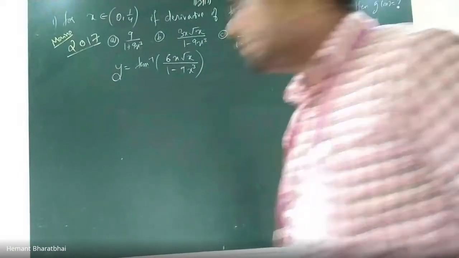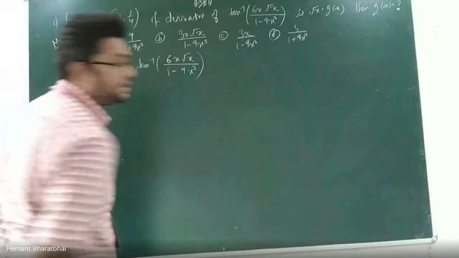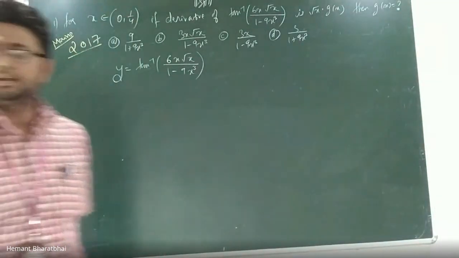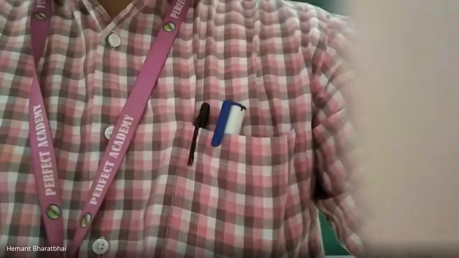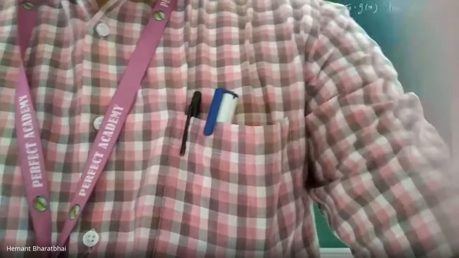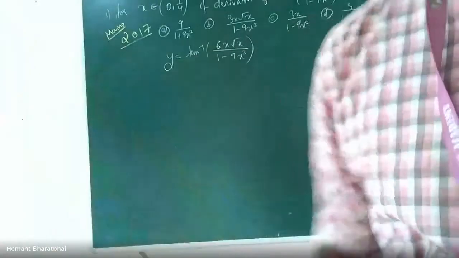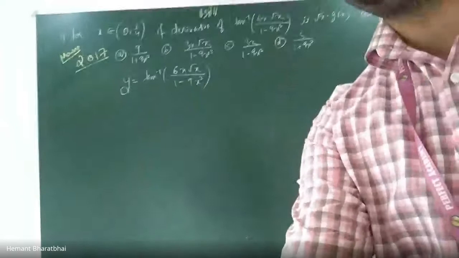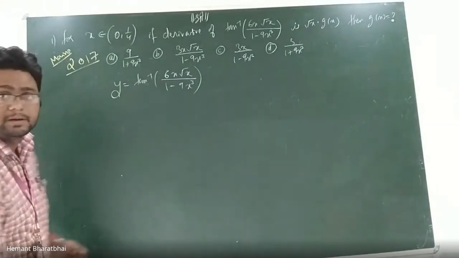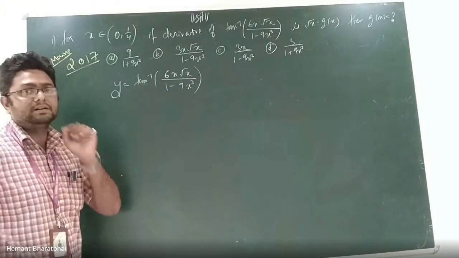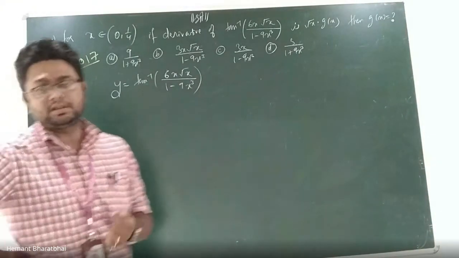Okay. So here if you see the terms, we have 6x root x upon 1 minus 9x cube. We don't have any kind of substitution over here to make things easy. Then we will have to think of something else, because if I directly apply the chain rule, I will be in trouble. So when it is tan inverse, then I should think about tan.